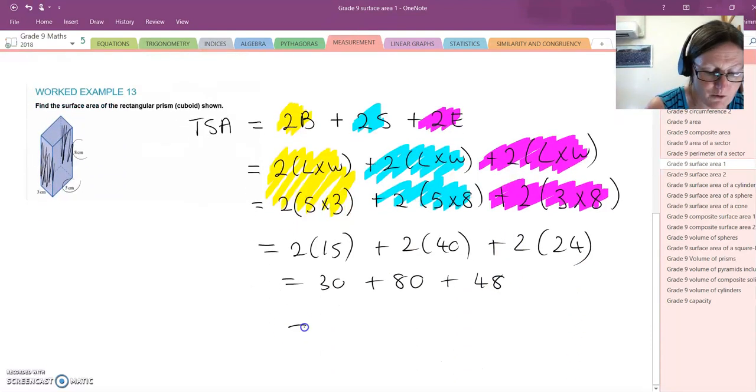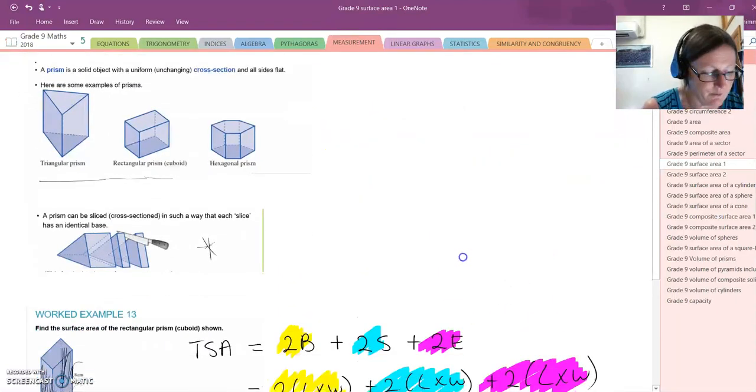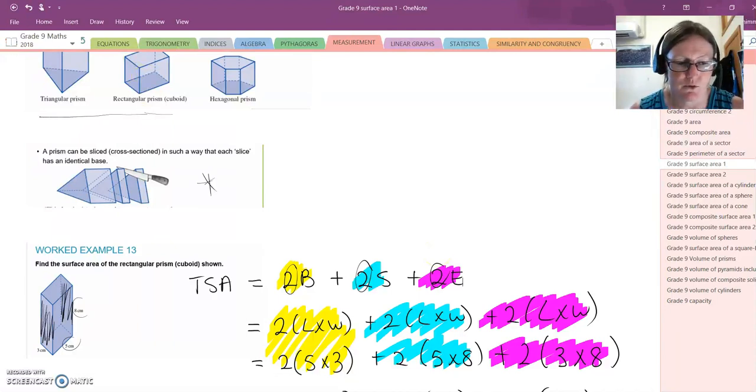If we add all those together, the total surface area of this rectangular prism is 158 centimetres squared. So for surface area, we are making sure that we sum up the area of all the faces. In this case, there were 6 faces, 2, 4, 6. We find the area of each of those faces and add them together to give us our total surface area.